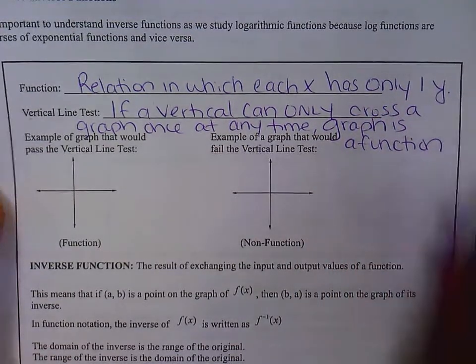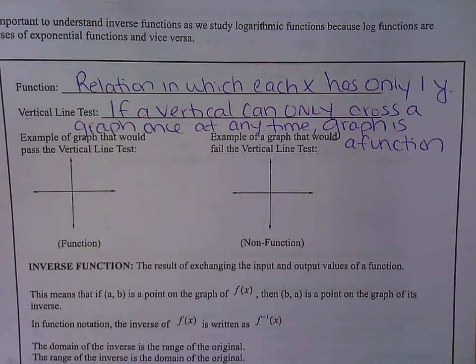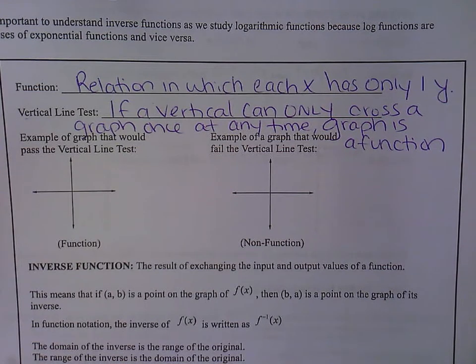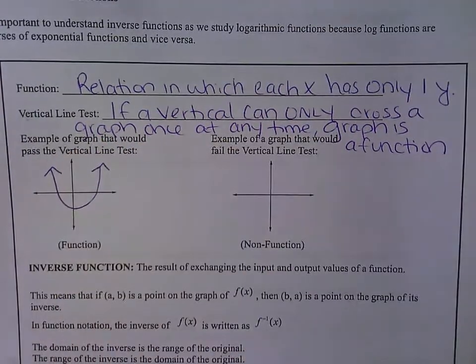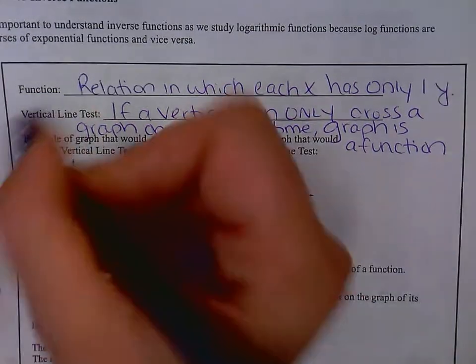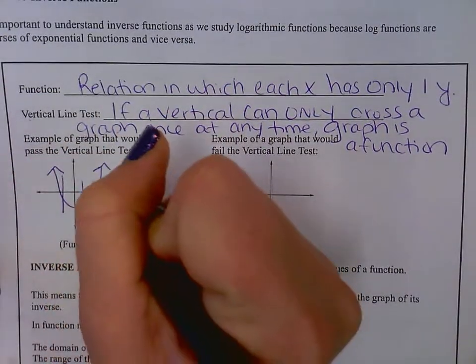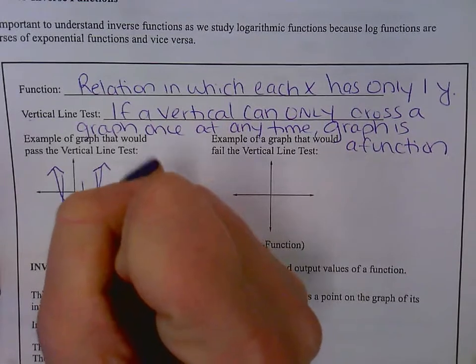So if a vertical line can only cross a graph once at any point in time, then the graph is a function. So an example of something that would pass the vertical line test is our friend the parabola. And the reason for that is I can draw anywhere on this line a vertical line, and I'll only hit the graph once with each of my vertical lines.